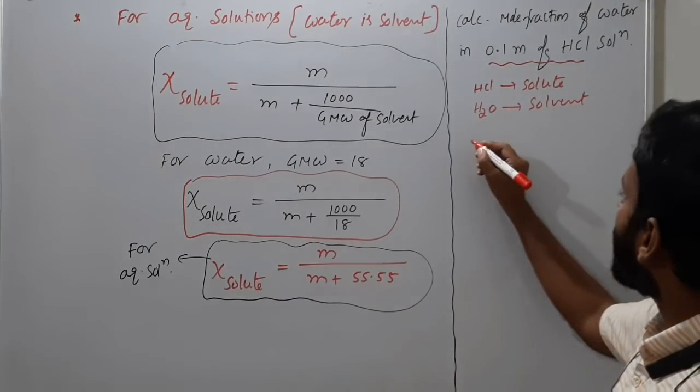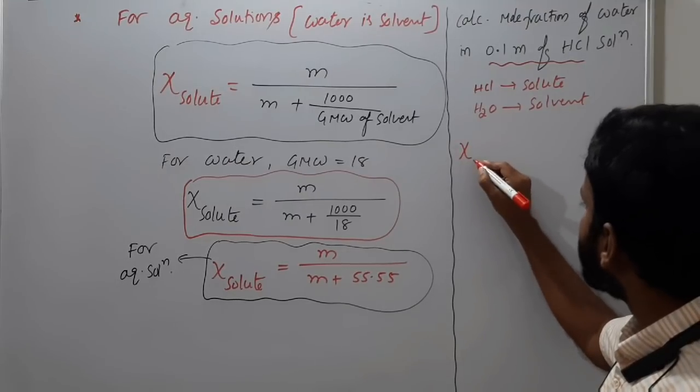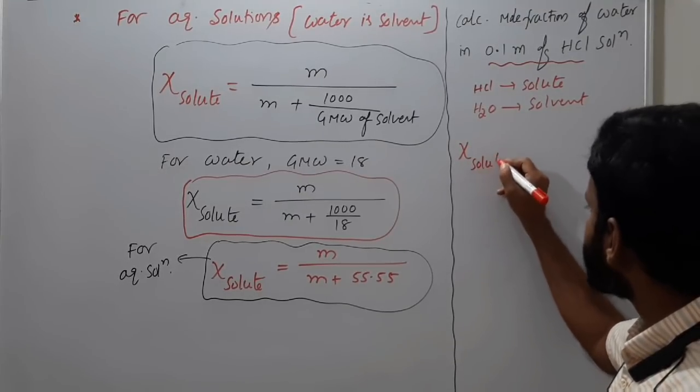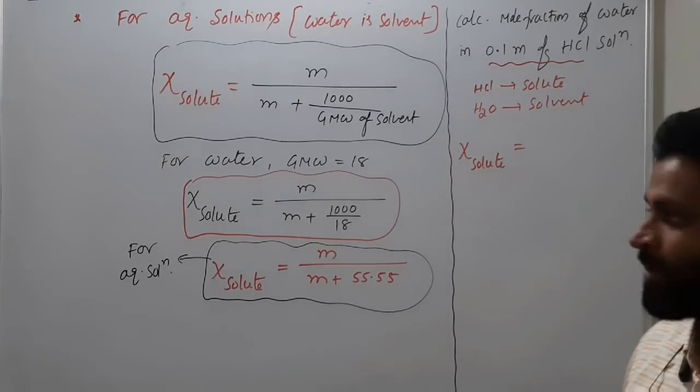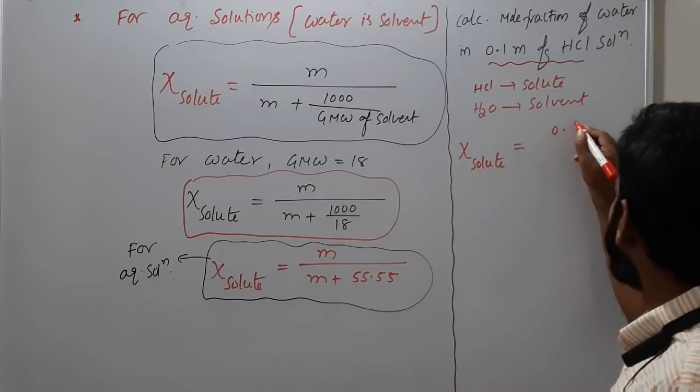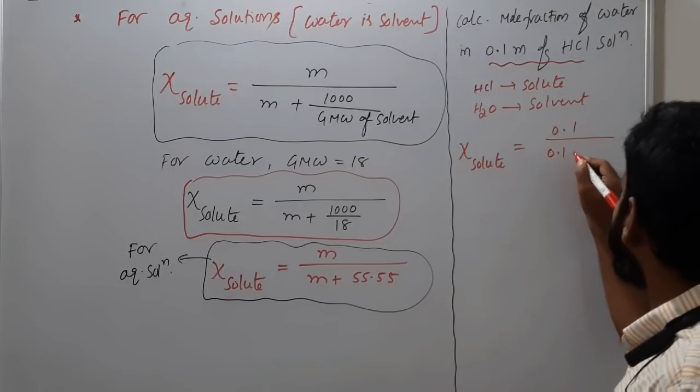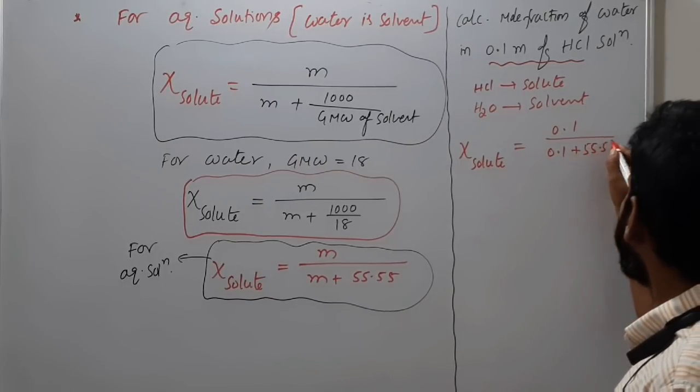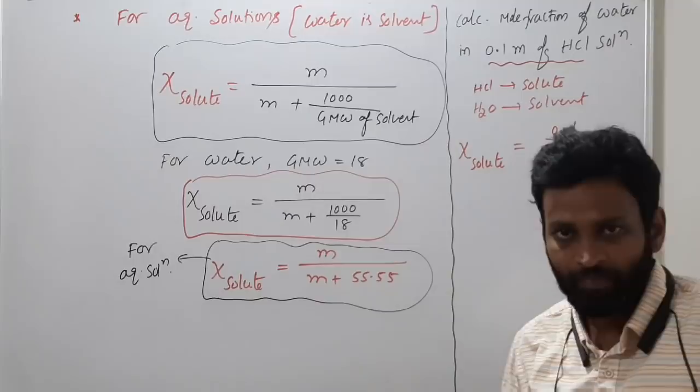So what is the mole fraction of the solute you will have first? 0.1 by 0.1 plus 55.55. Got it?